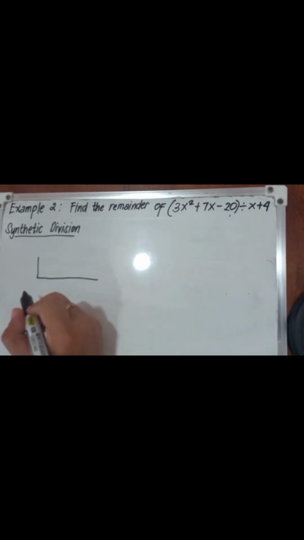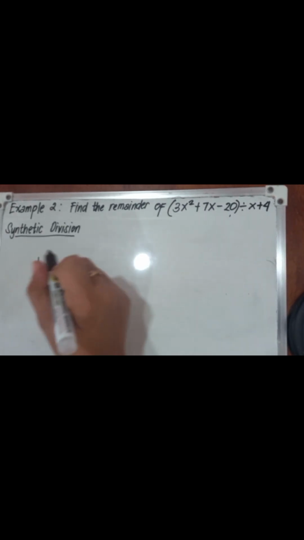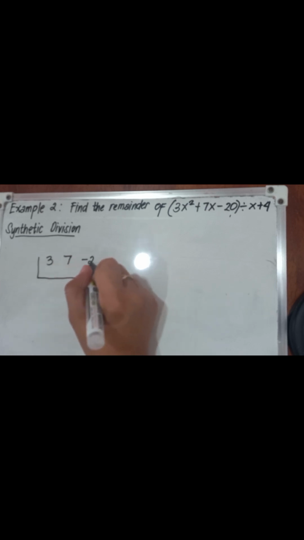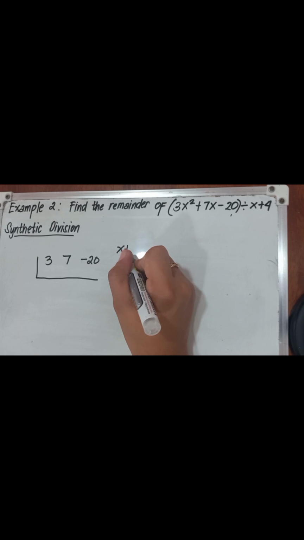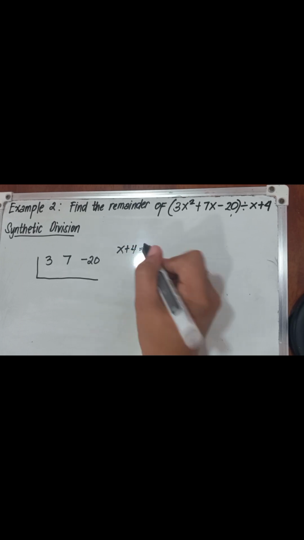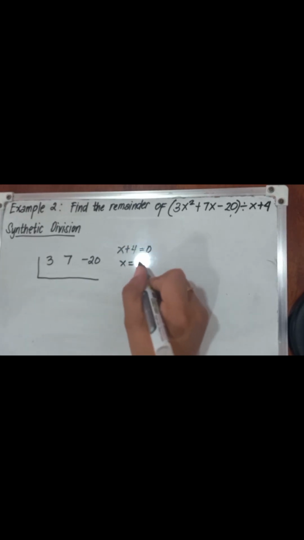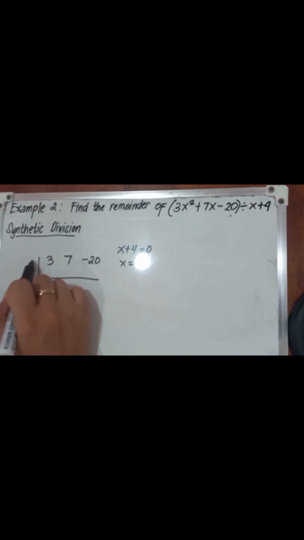So our coefficients are 3, 7, and negative 20. For our divisor, let us equate x plus 4 equals 0. So our x is equal to negative 4. So the divisor is negative 4.